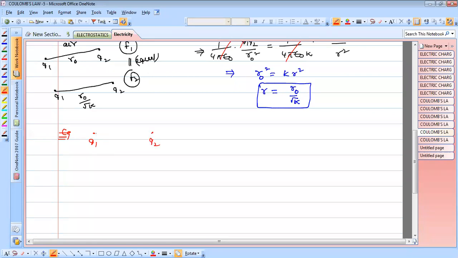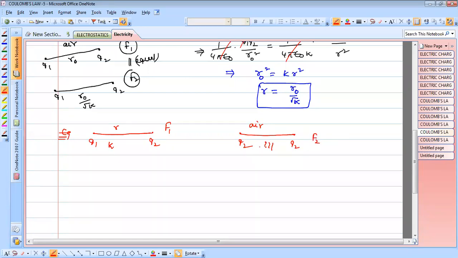In a medium of dielectric constant K, it experiences F1. If the same charges are placed in air, then what is the distance to experience the same force?